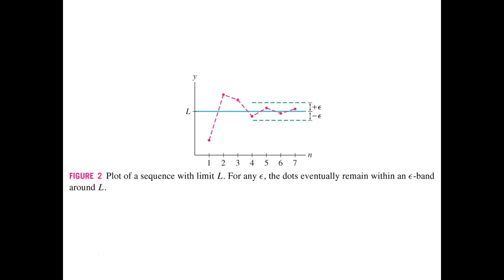If this is your sequence, there's A sub 1, A sub 2, A sub 3, A sub 4, A sub 5, A sub 6, A sub 7, plotted against 1, 2, 3, 4, 5, 6, 7, just to get them strung out there. If that's your sequence, and you know that this sequence has some limit, L, and here's L.